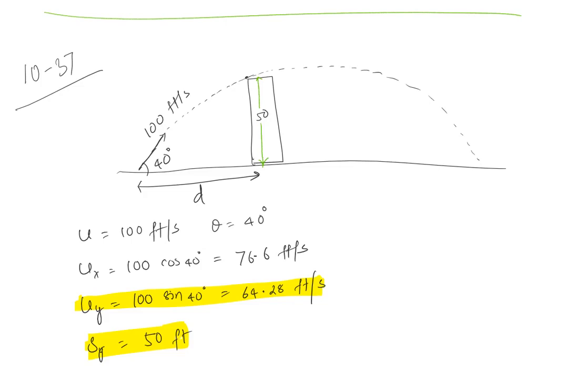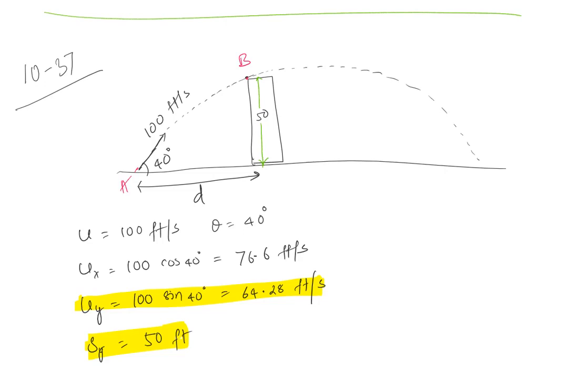So this is how we're going to tackle this problem. We're going to find the time it takes to reach this height, the time it takes to go from A to B. By only looking at the vertical aspect, we know the vertical velocity and we know the height.